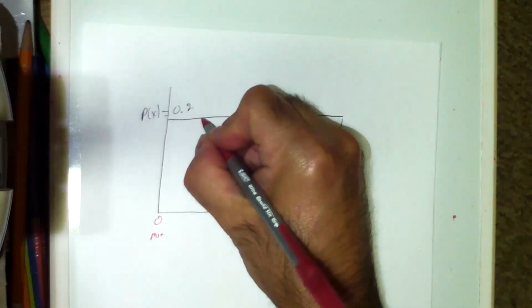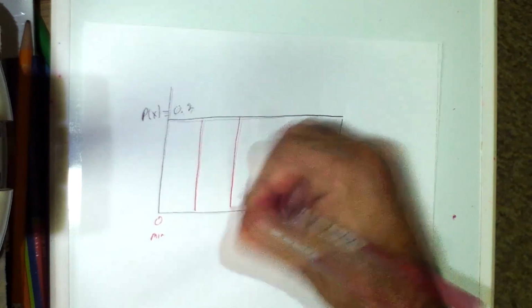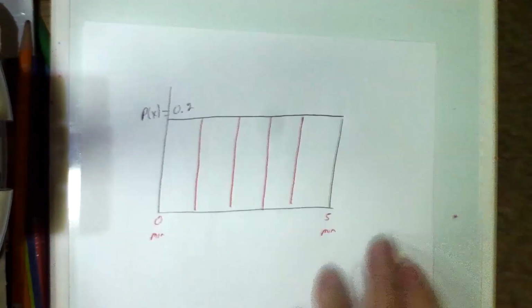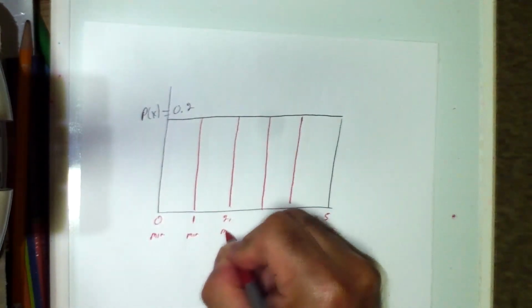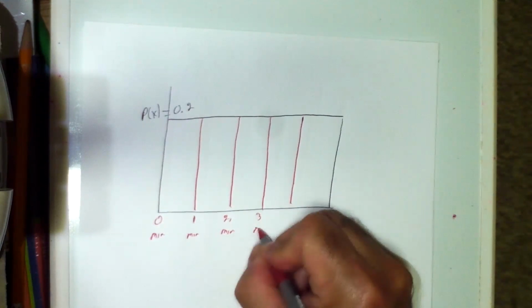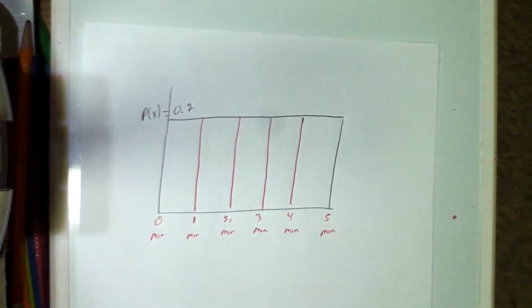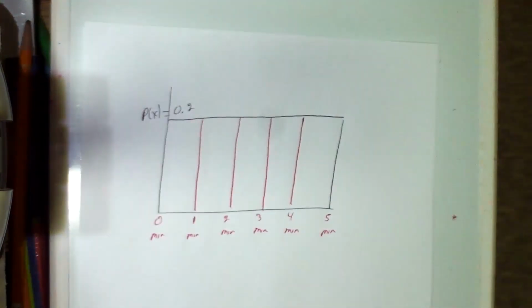Divide it out. 1 minute, 2 minutes, 3 minutes, 4 minutes. Bad habit I have. Very bad habit. Okay. All right. Same picture.